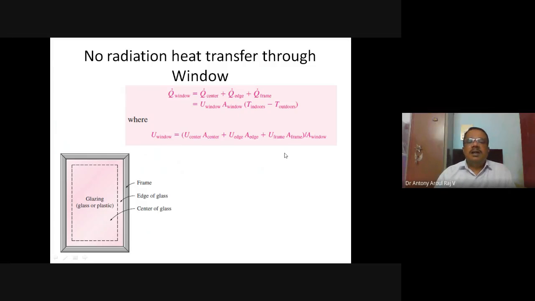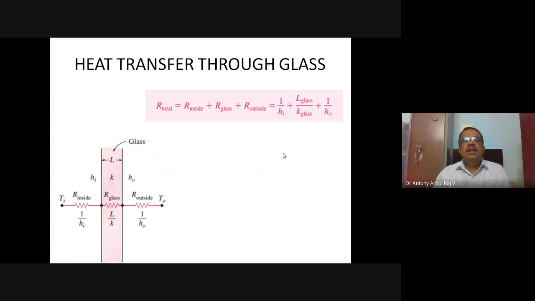This calculation becomes very important for cold countries. Similarly, whenever glass is there, how do you calculate the resistance? Why do I have to calculate resistance? Because I have to calculate U. How to calculate U?